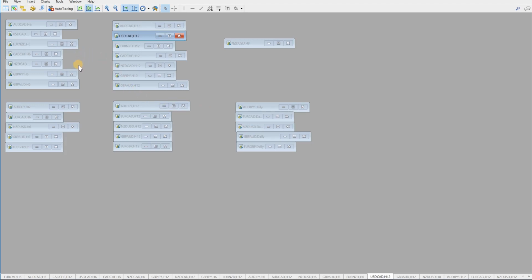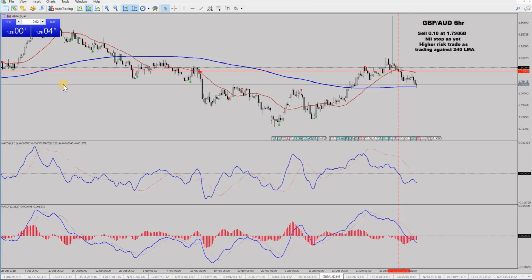We'll go to the Great British Pound Aussie first. In a sell here, came down nicely, pulled back up a bit, but now dropped down, and it got to the 240 LMA, which to me is a bit of a danger zone.